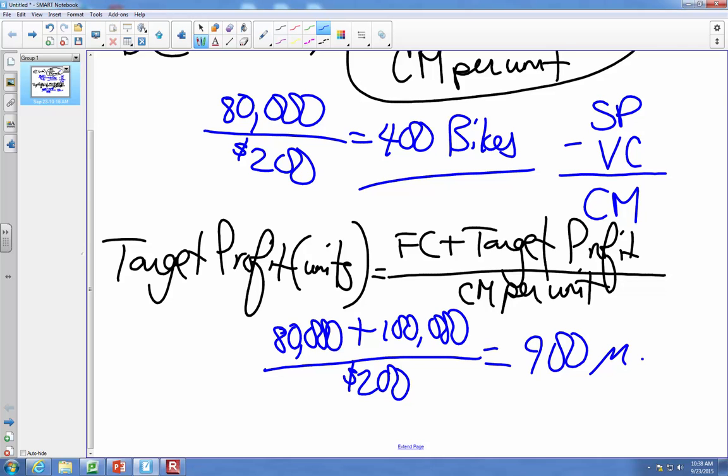Why is it going to lower my CM per unit? Thank you. That's exactly correct. If my strategy is to increase my sales by upping my commission, what kind of cost is that? It's a variable cost. What's going to happen to my CM?